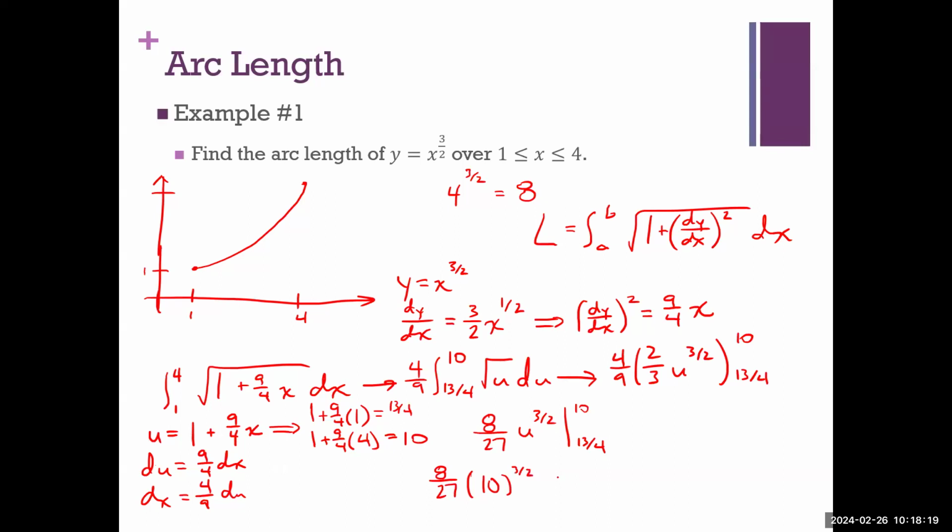Let's get an approximation here. So 8/27 times 10 to the 3/2 minus 8/27 times 13/4 to the 3/2. We get an approximation for how much that is.